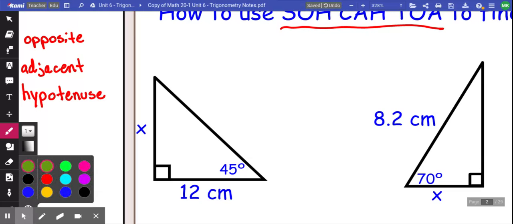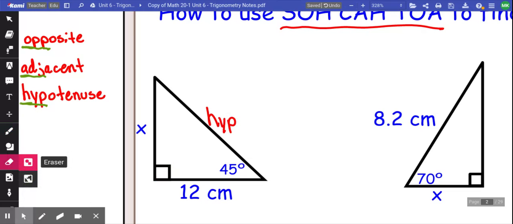I like to just use the letters O, A, and H, or even the first three letters, OPP, ADJ, HYP. Okay. Labeling the triangle. The hypotenuse you guys are good at. You should understand where the hypotenuse is at this point in the game. The hypotenuse is across from the 90 degree, so this is my hypotenuse.